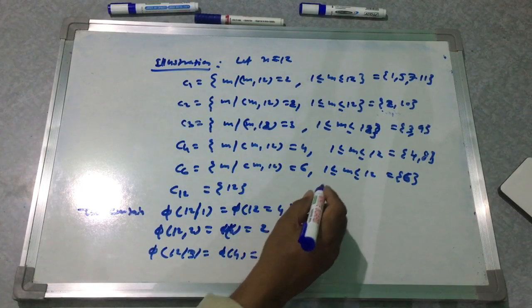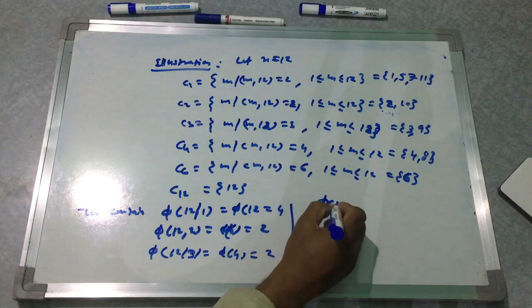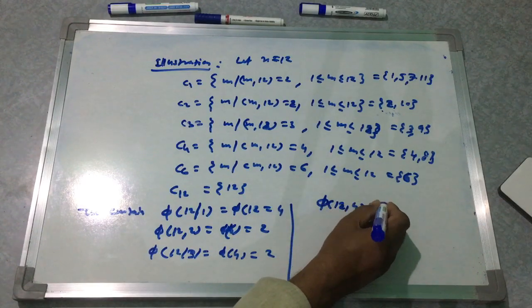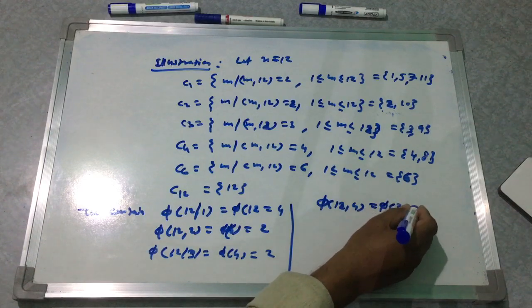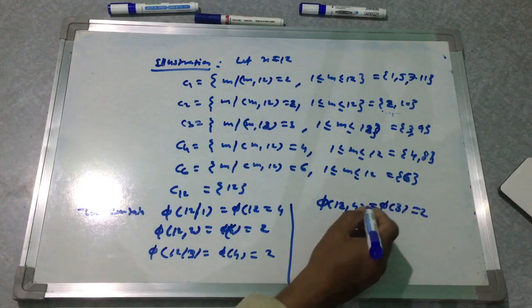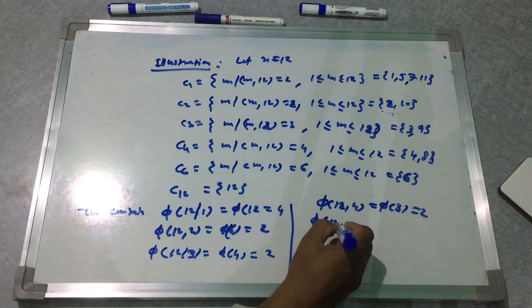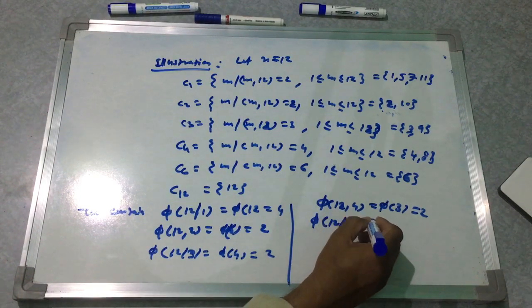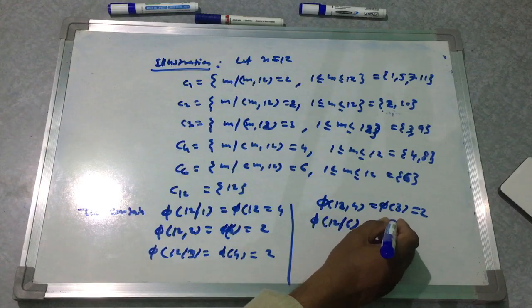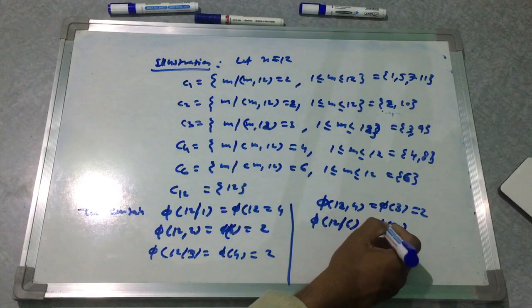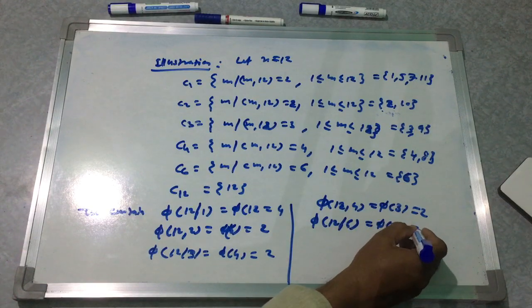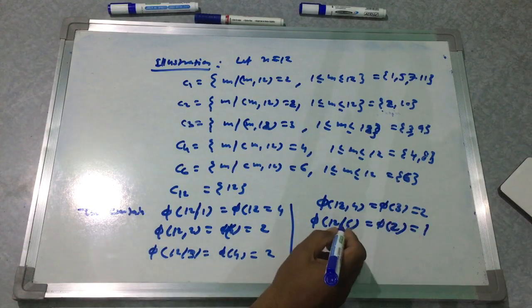And here 12 over 4 is 3, phi of 3 is equal to 2. 12 over 6 is 2, phi of 2 is equal to 1.